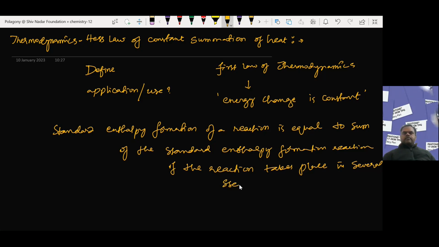The standard enthalpy formation of reaction is equal to the sum of the standard enthalpy formation of reaction if the reaction takes place in several steps.